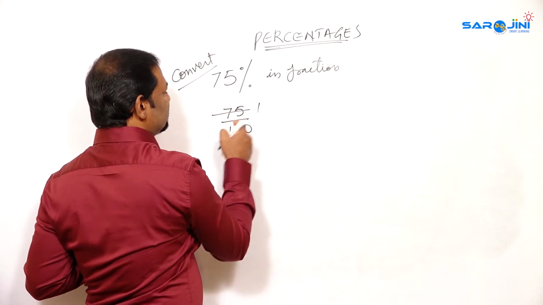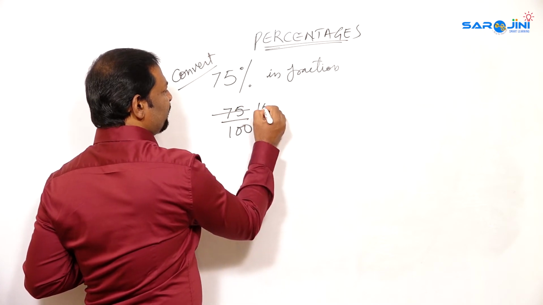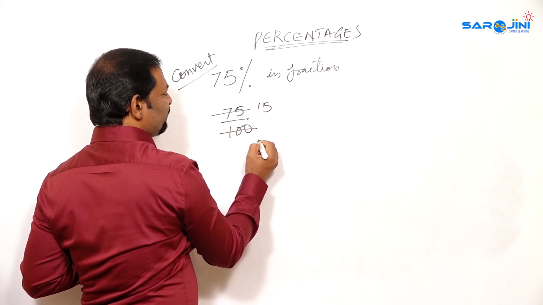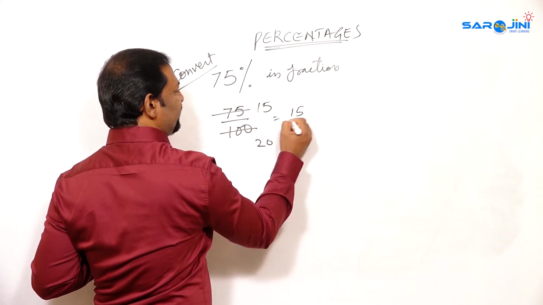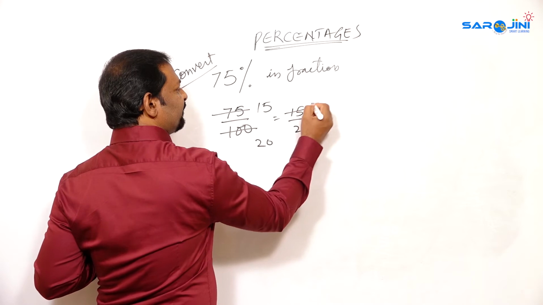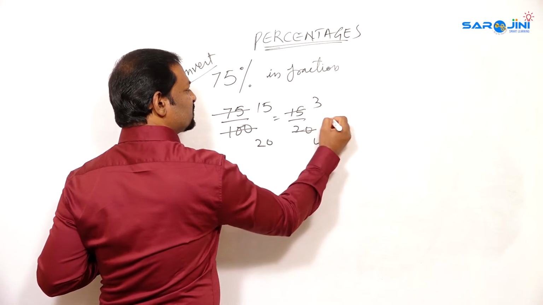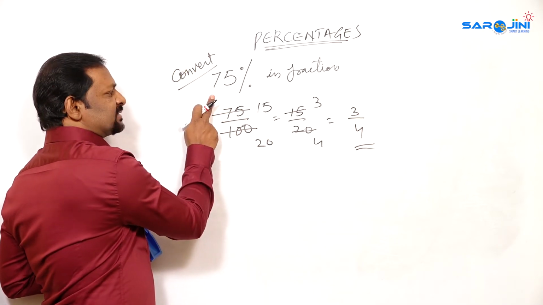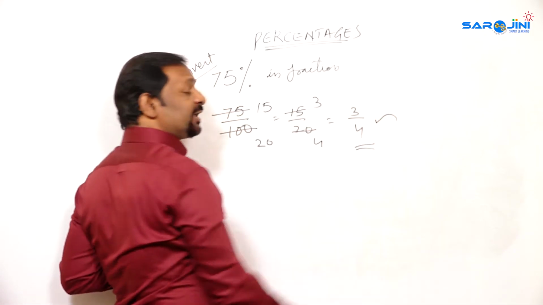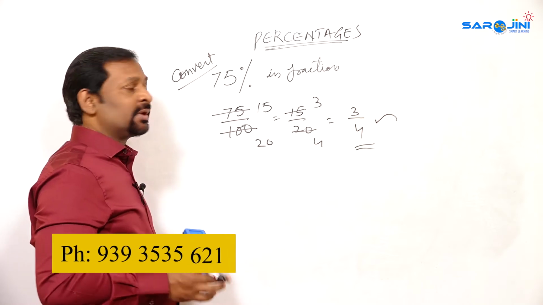Yes. 5 ones are 5, 2 will remain; 5 fives are 25. Here 5 twos are 10, 5 zeros are 0. That means 15 by 20 is also a fraction. Again 5 threes are 15, 5 fours are 20, which is equal to 3/4. So finally 75% can be written as 3/4.